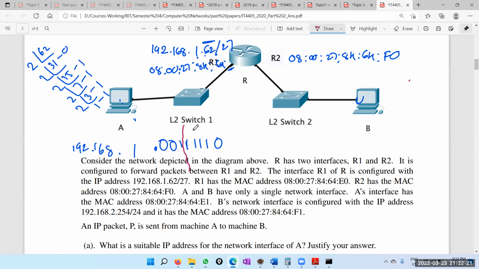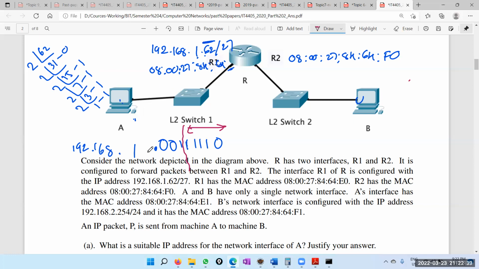Yes, correct. Very good. So this is where the host ID part is. Most probably this is our subnet part, but we don't need that. What we need is the margin.